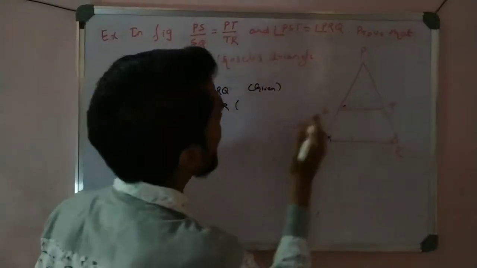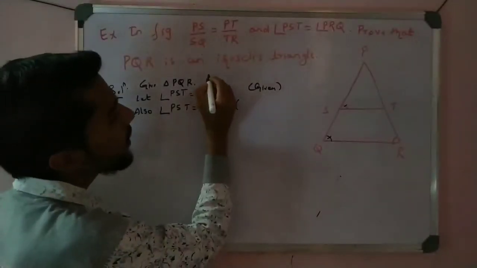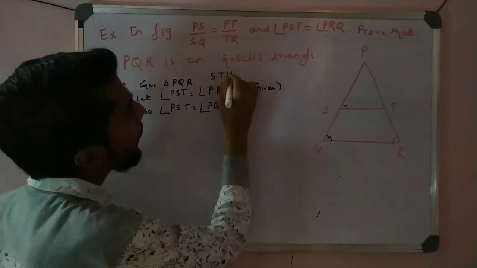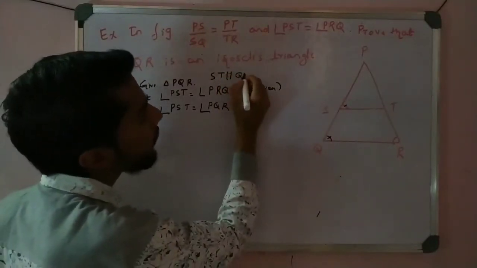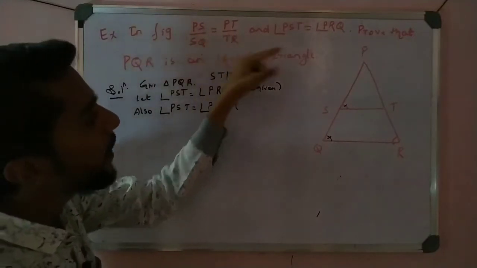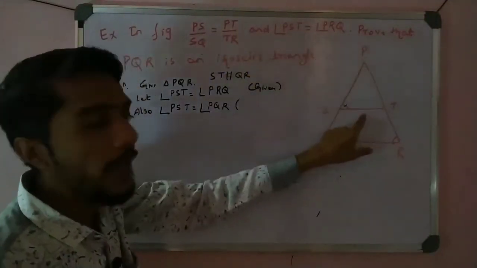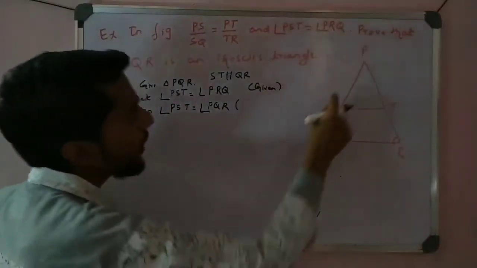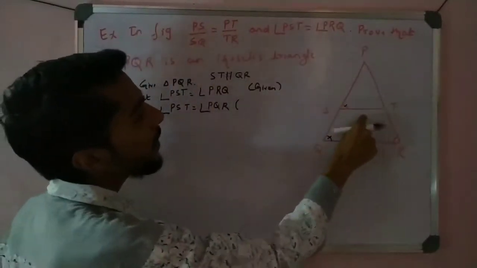It means ST is parallel to QR, because it is given. If the sides are in ratio, the lines are parallel, and vice versa.